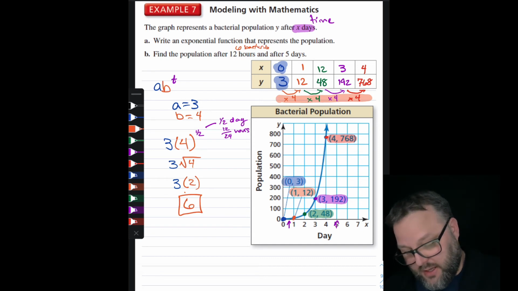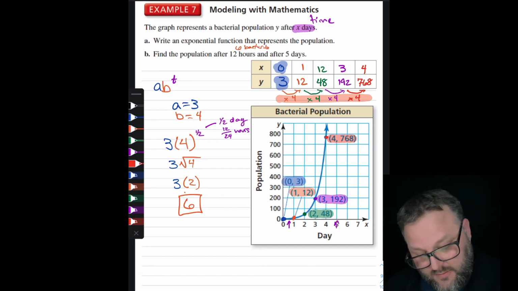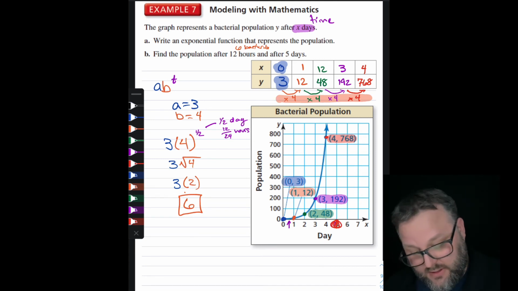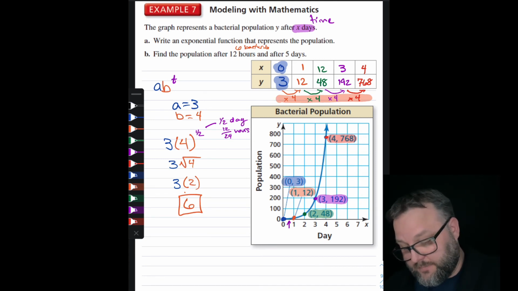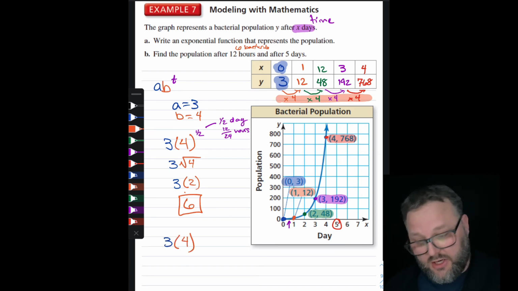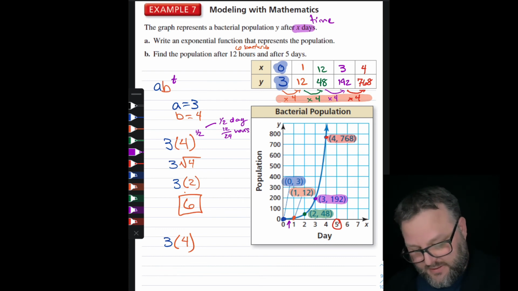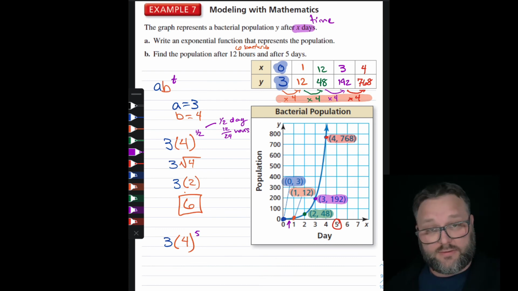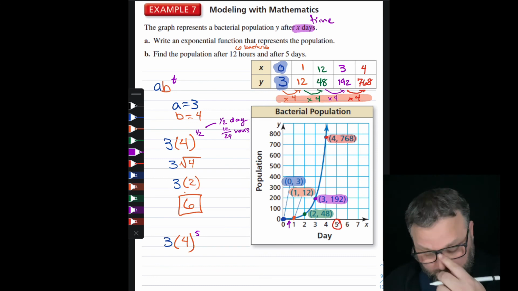What about at, let's say, 5? That's the next thing it wants us to go ahead and solve. So let's do it. At 5 days, that means we have 3 times 4. So this hasn't changed, but the exponent does. Now we have 5 days, so it's the full 5.